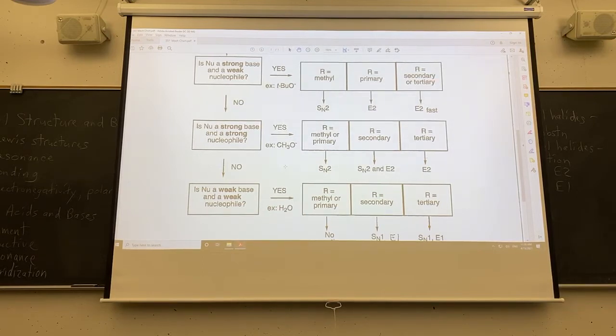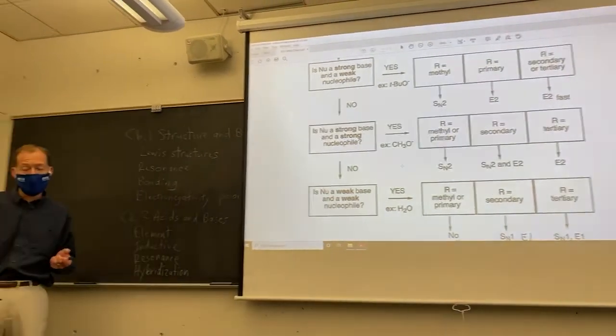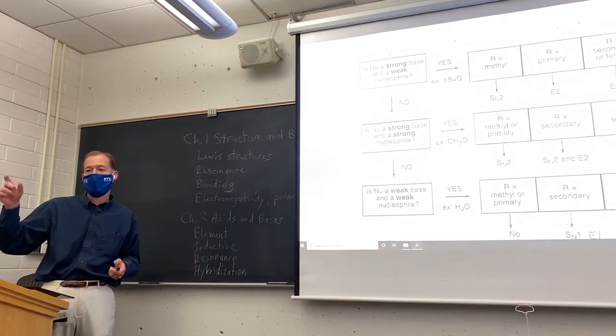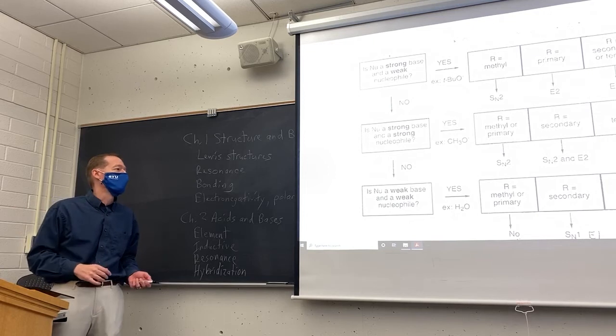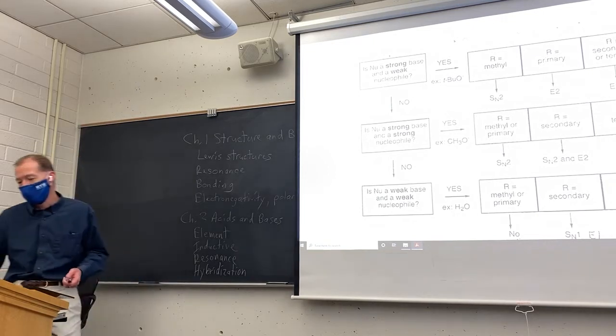So this flow chart was from 351. We have posted it on the 352 Learning Suite. So if you go under Content, you'll see an entry that says 351 Mechanism Chart. So you can download this.